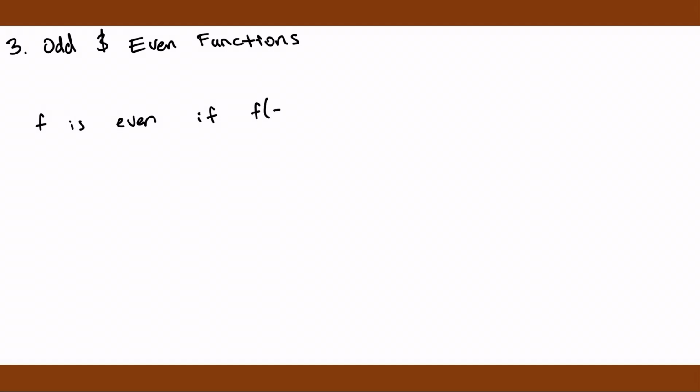So f of negative x, again, everywhere I see an x, I'm going to plug in negative x, if that is equal to the original function for all x. So again, this is a review as always, but you should have spent a lot of time with this, understanding this. And the opposite is true if it's an odd function.